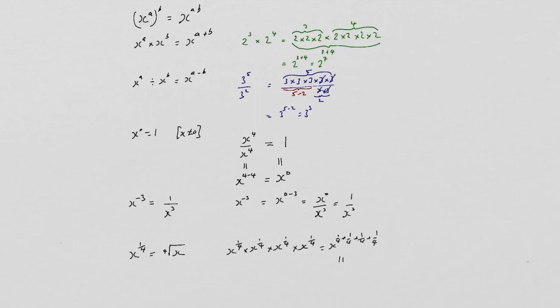That is equal to x to the power of 1, which is equal to x. Now, we can also call this x to the power of a quarter, to the power of 4. So x to the power of a quarter to the power of 4 is equal to x. And if we now take the 4th root of both sides, we have x to the power of a quarter equals the 4th root of x.